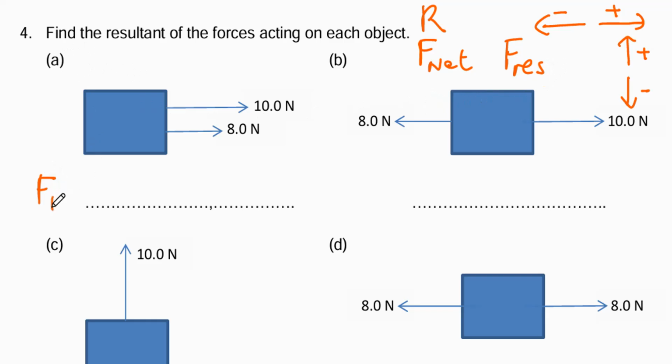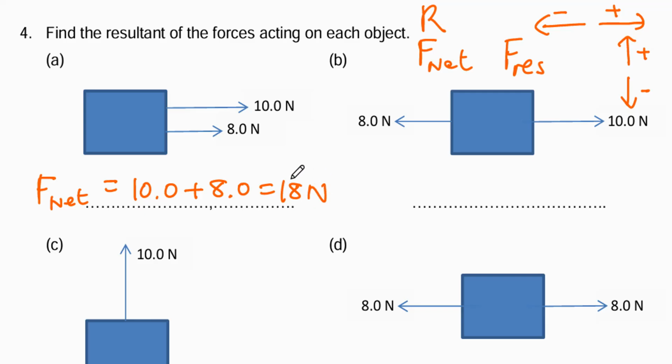So the resultant force or the net force will be, we have a 10 Newton force to the right and also an 8 Newton force to the right. So both of these are to the right and therefore are positive. So it's going to be 10.0 plus 8.0, and this is 18 newtons. So note that both the 10 and the 8 here are positive since they act to the right.